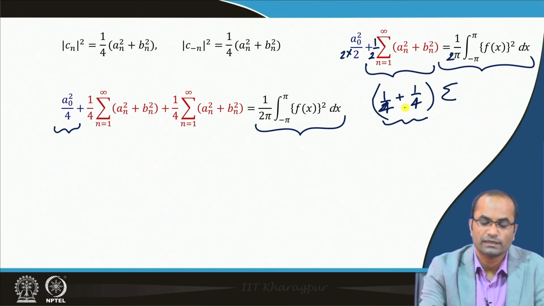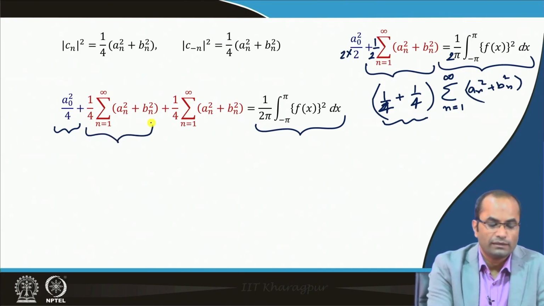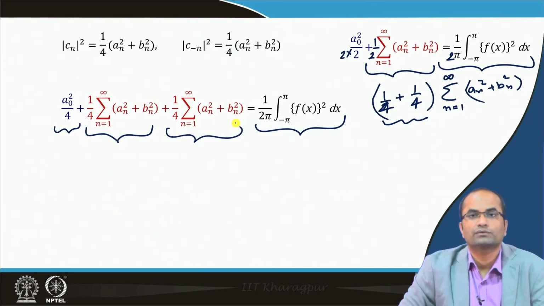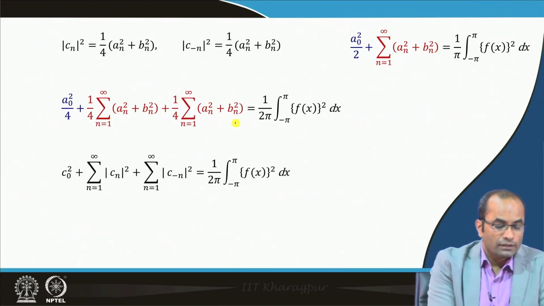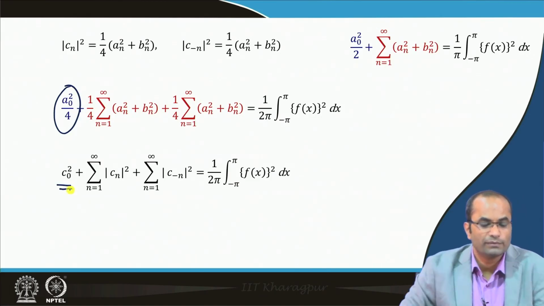So, 1 by 2 is written as 1 by 4 plus 1 by 4, and then the rest, this summation of A n square plus B n square. So, what we have is the 1 by 4 of A n square plus B n square, n from 1 to infinity, and then again we have here 1 by 4 and n from 1 to infinity of A n square plus B n square. So, this is exactly C naught square, because C naught was A naught by 2.